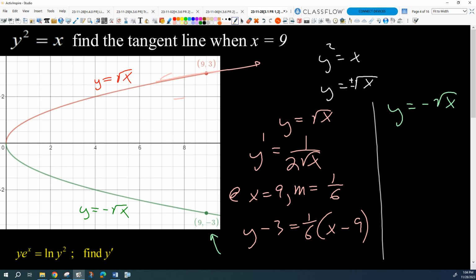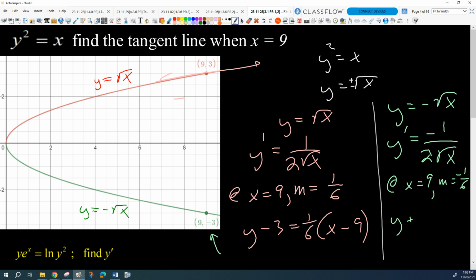I could differentiate. Well, if I differentiate this, aren't I just going to get y prime equals negative 1/2 x to the minus 1/2? So negative 1 over 2 times the square root of x, which is going to give me negative 1/6. So I get negative 1/6, and I plug all that stuff in, and I would get y minus negative 3.